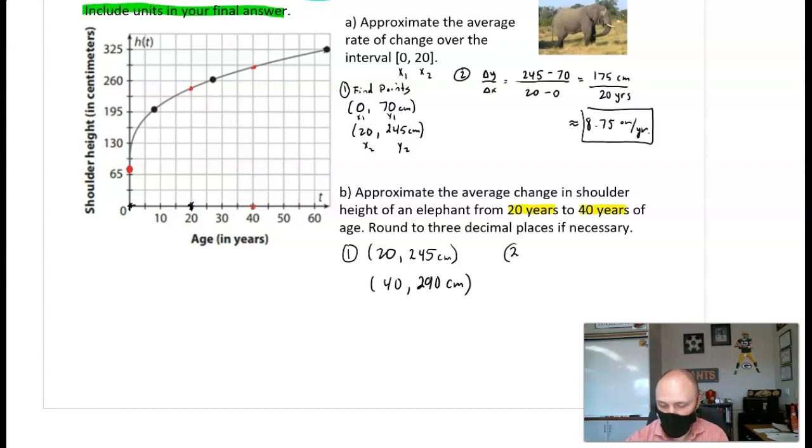So I'm going to calculate delta y over delta x. y2 minus y1 over x2 minus x1. That would be 290 minus 245 over 40 minus 20.